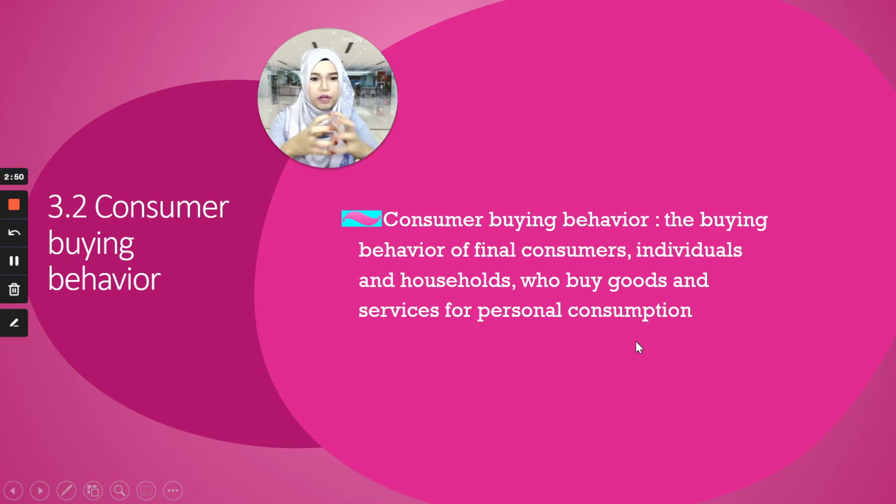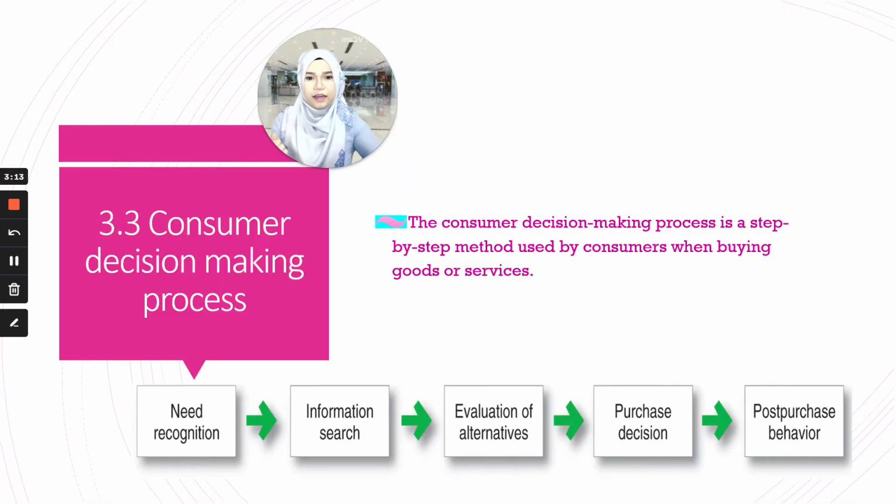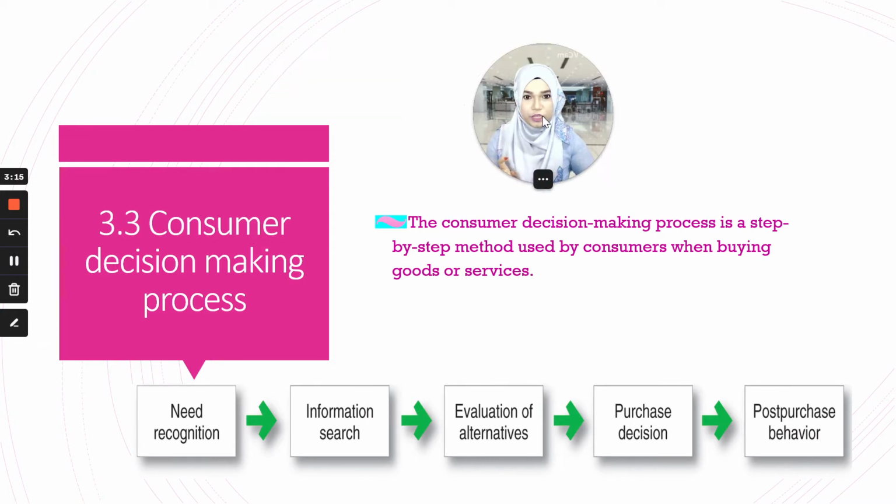That means when they buy things, it is for themselves or at least for the family members in the same house. It is not about buying things to sell or to use in your business. That would be business buying behavior, which we will not cover in this syllabus.